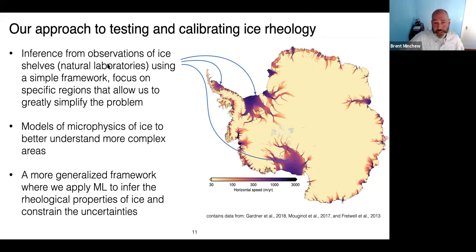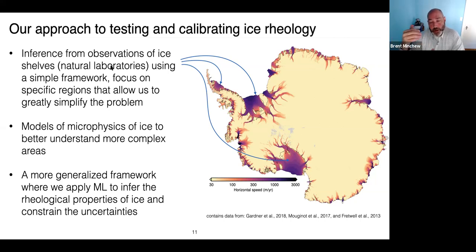So we're going to make inferences from observations of ice shelves in particular. These are the floating extensions of the ice sheet that we'll pick apart in a little bit more detail in the coming slides. We're going to use these as our natural laboratories. And we're going to start off by looking at these areas and developing a relatively simple framework. To do that, we're going to focus on specific areas of the ice sheets that are going to allow us to greatly simplify the problem of calibrating the ice.